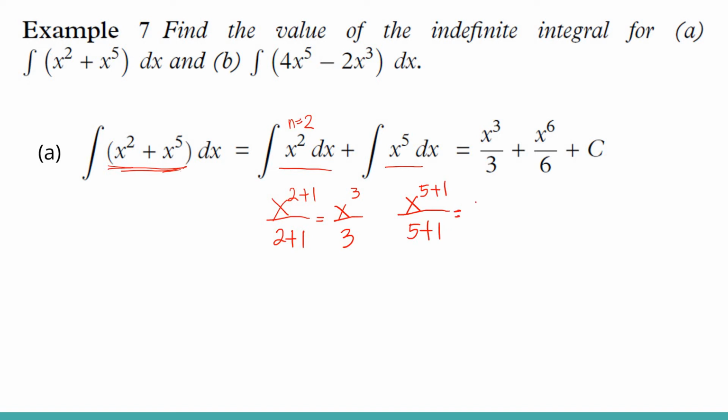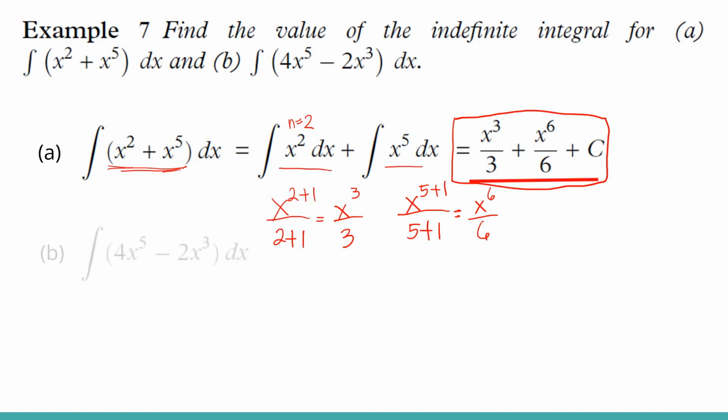So that is why it becomes x raised to the power of 6 divided by 6. So this is the final answer: x raised to the power of 3 over 3 plus x raised to the power of 6 over 6 plus c.